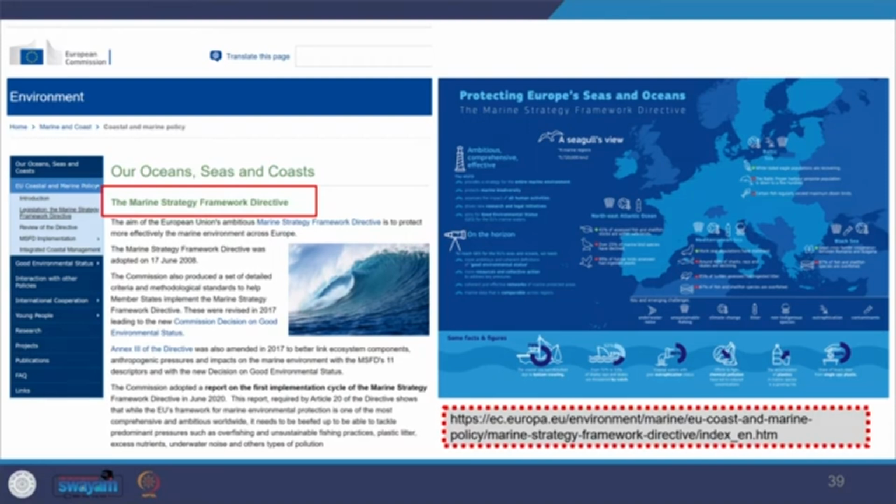It is said to be the first EU legislative instrument related to the protection of marine biodiversity, and it contains a very defined regulatory objective that biodiversity has to be maintained by a particular time period, and what kind of achievements they need to make in terms of environmental status.